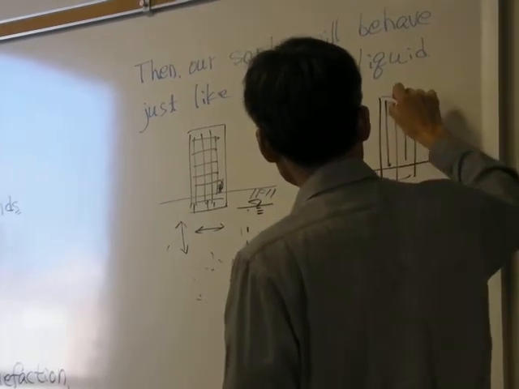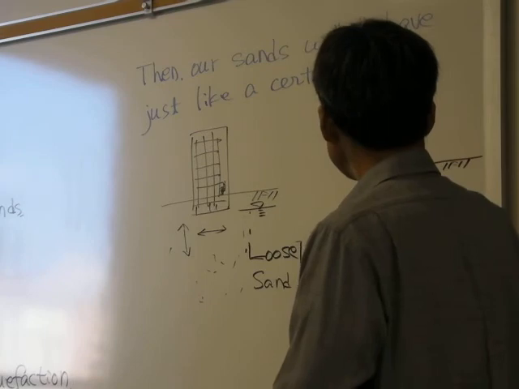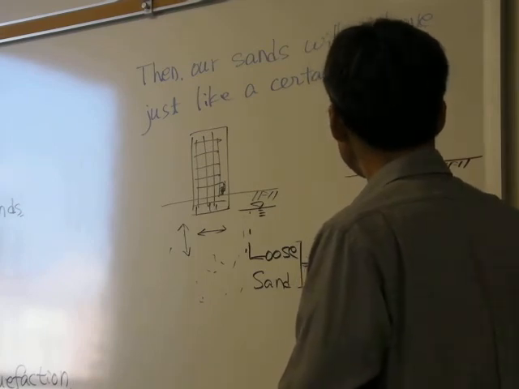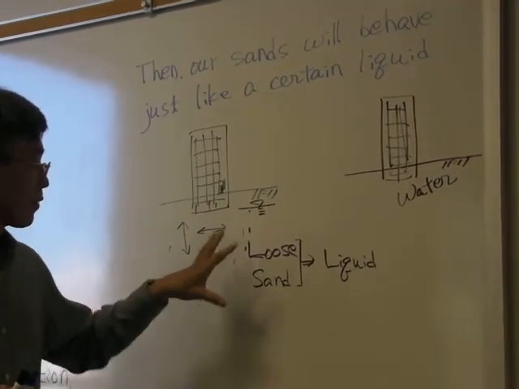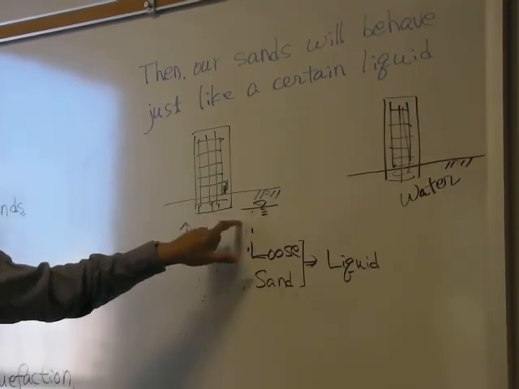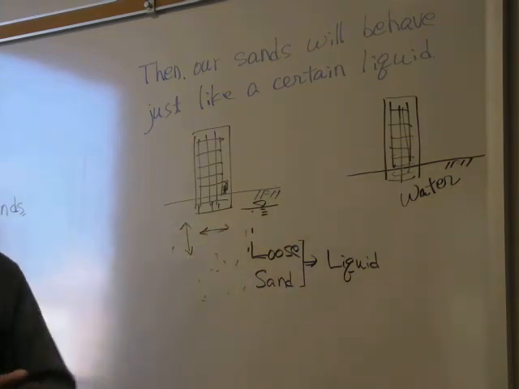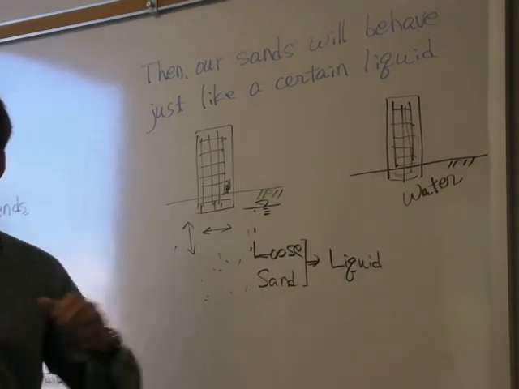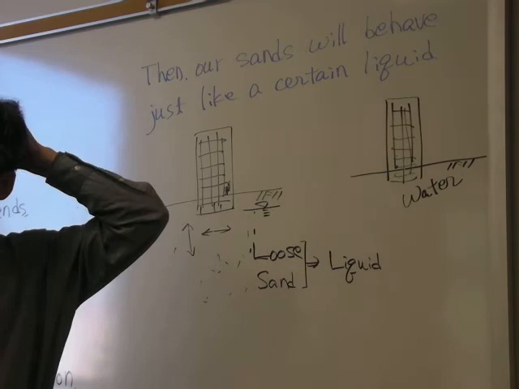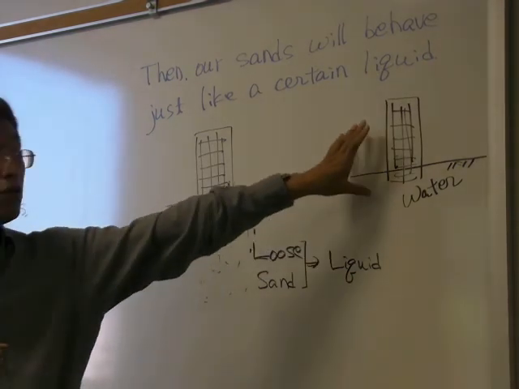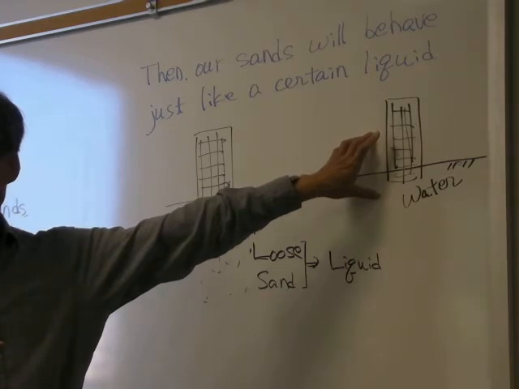You have your casino building. Your condition will be, okay, those sand materials will just change their condition to water. If this condition happens, your tall building will be a tall ship on the water.